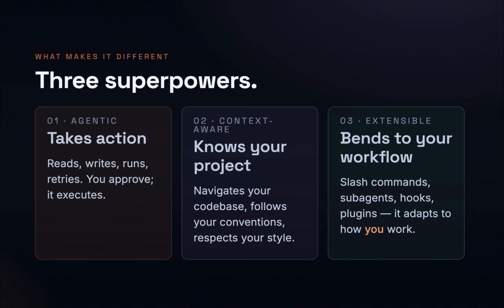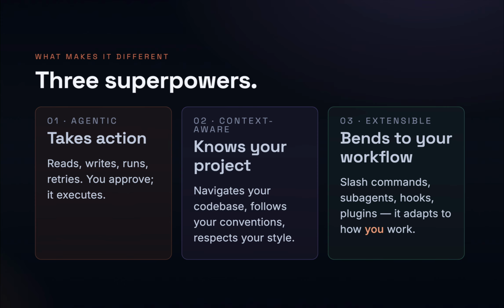Three things make Claude Code stand out. The first is it's agentic. It doesn't just suggest, it acts. Where autocomplete proposes a line, Claude Code carries out an entire change. Reads, writes, runs commands, and retries something that fails.